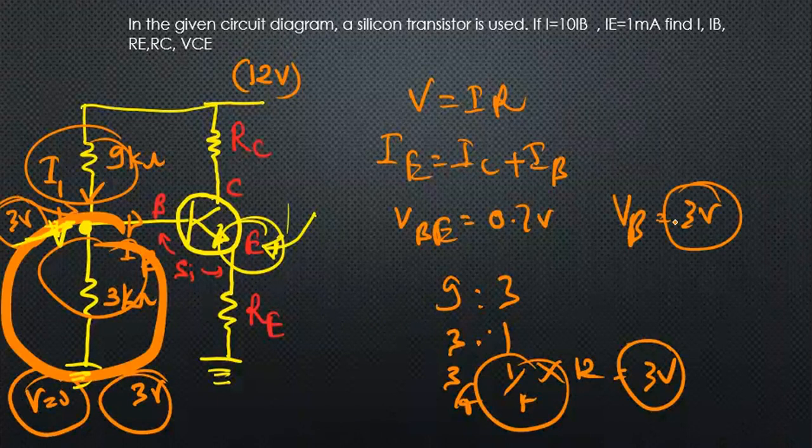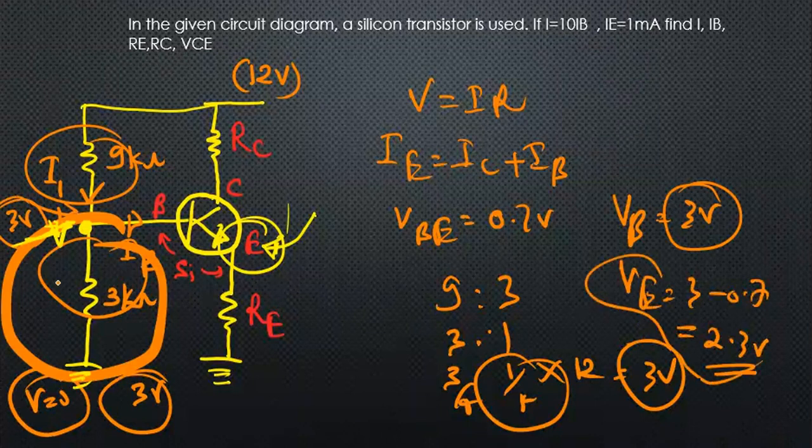This is a silicon transistor, so the difference between VB and VE is 0.7. So I can take VE as 3 minus 0.7, that's 2.3 volt. So here we have the answer, VE as 2.3. And now we can find RE.